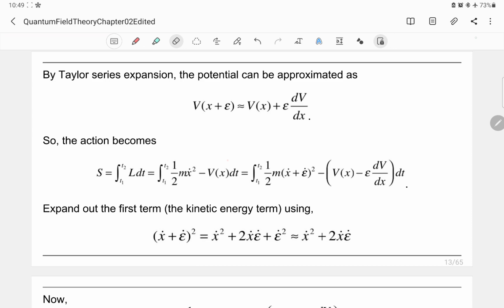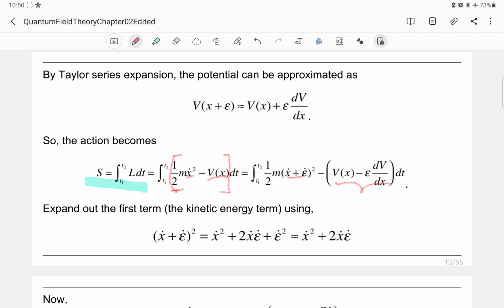So the action becomes this one here, and this is supposed to have a bracket. When you perturb x, your x dot would also be perturbed. So your x dot will be replaced by x dot plus epsilon dot and square that, and then your V of x here would have to be written this way.